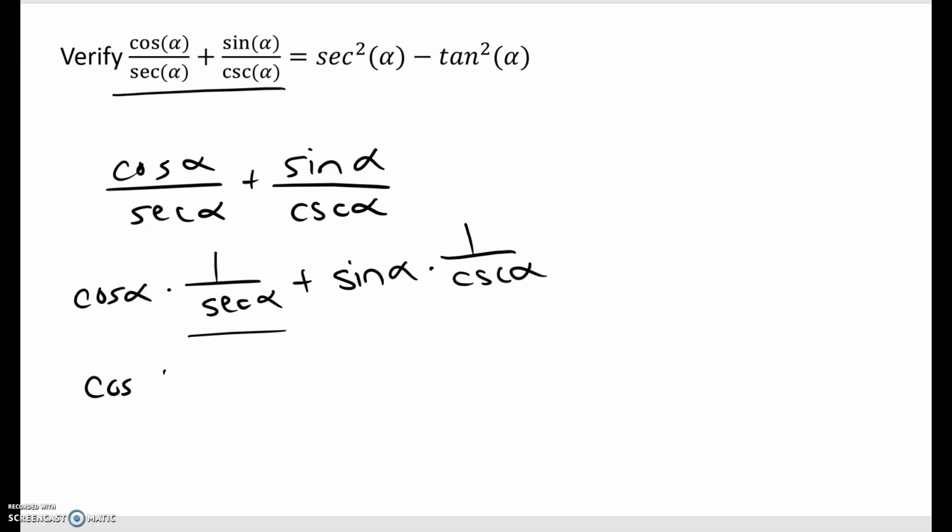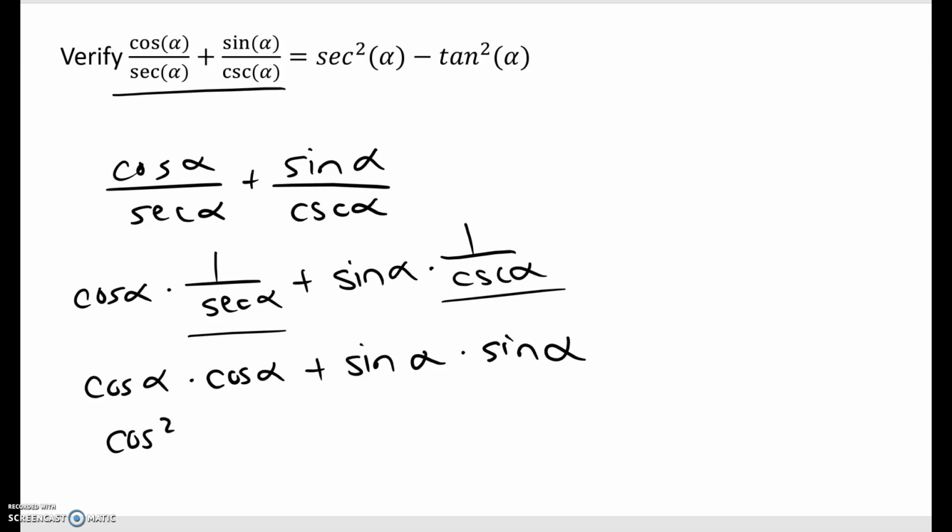So we've got cosine of alpha times cosine of alpha plus sine of alpha. And then we know that 1 over cosecant of alpha is sine of alpha. So I've got cosine squared of alpha plus sine squared of alpha.